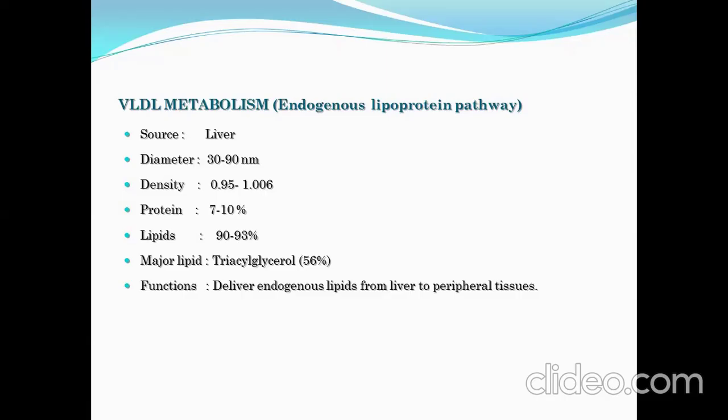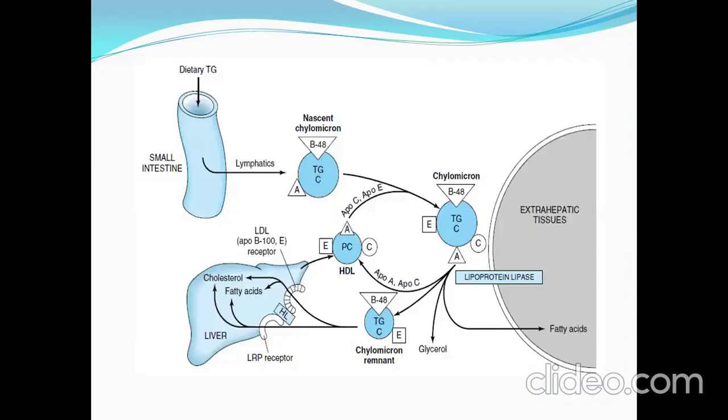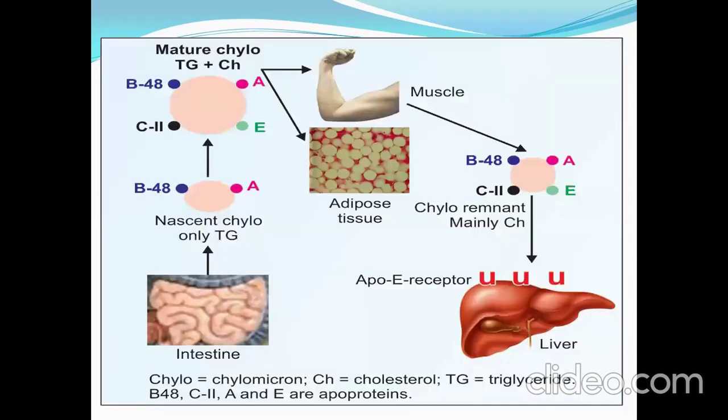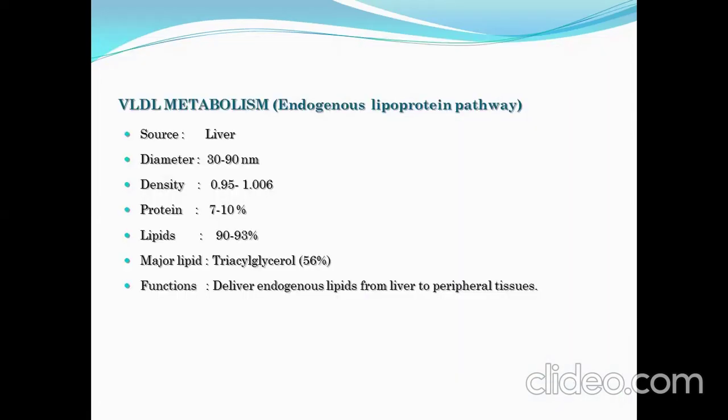The protein content, the previous one is 1 to 2%, but here the protein gradually increases to 7 to 10%. Whereas lipid decreases quite a bit. Previously it was 98 to 99, now it's 90 to 93%. So lipid content is 90 to 93%. You must know the protein content and lipid content.